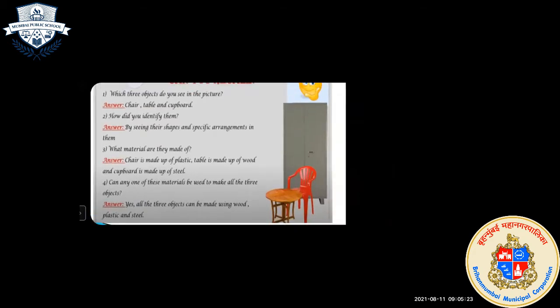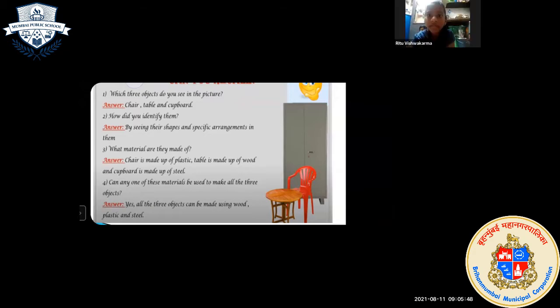Please name them. Teacher, in the picture there is a cupboard, chair and table. Yes, very good. What's your name, dear? Ritu Vishwakarma. Ritu, fine, very good.